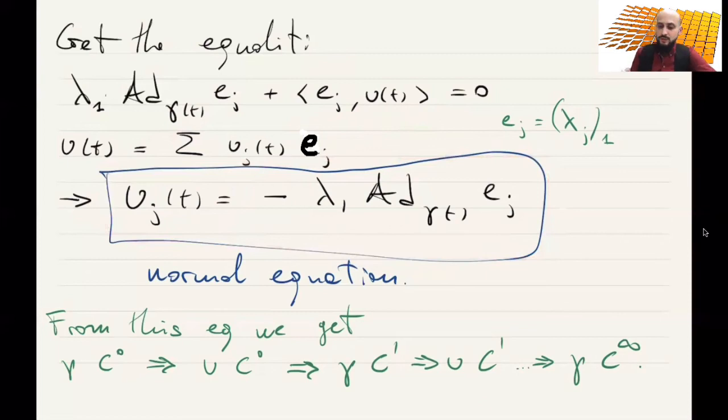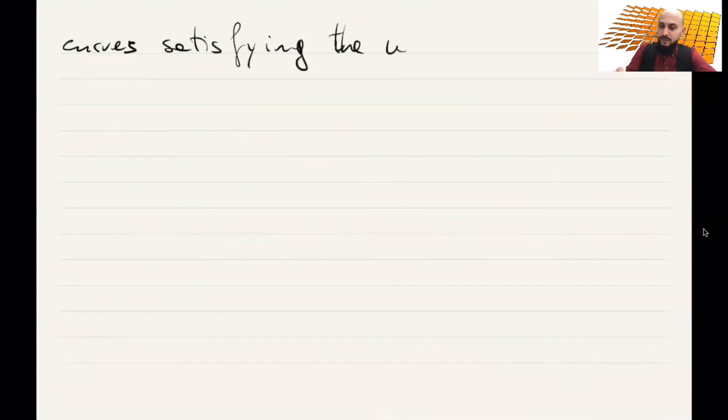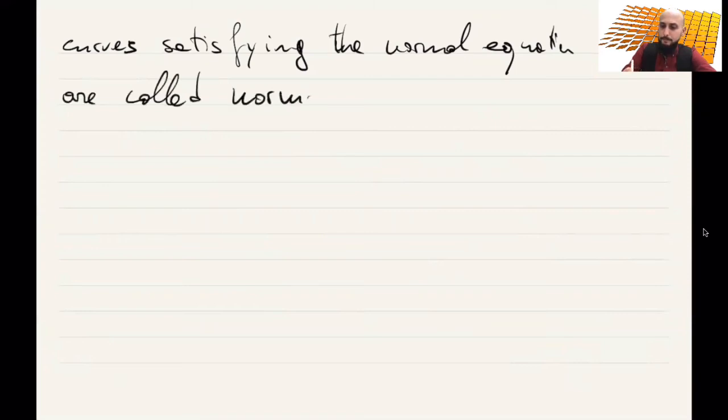So we proved that normal curves are always smooth. Curves satisfying the normal equation are called normal curves, and are smooth, and are C infinity.